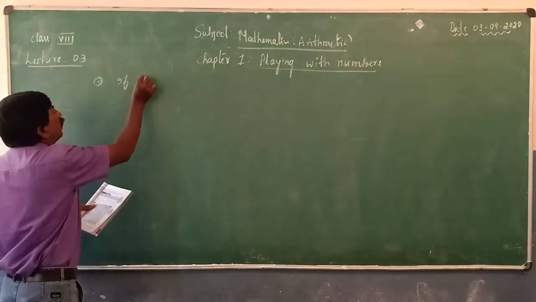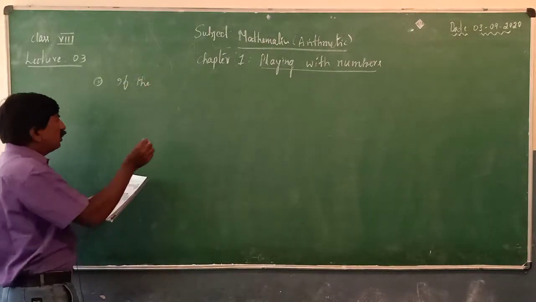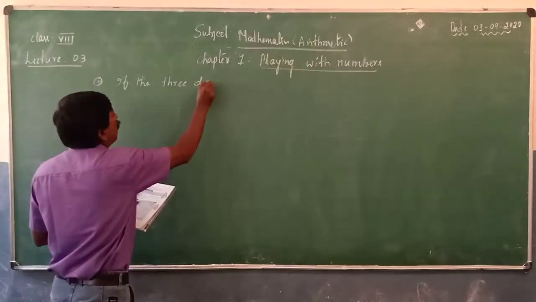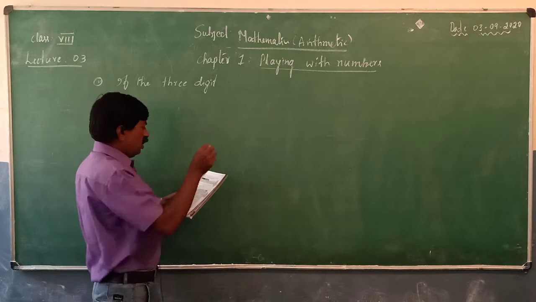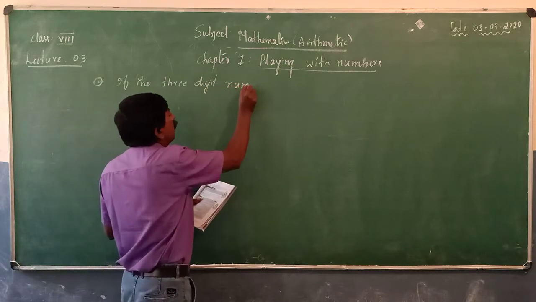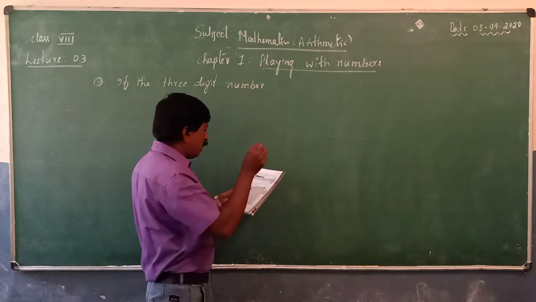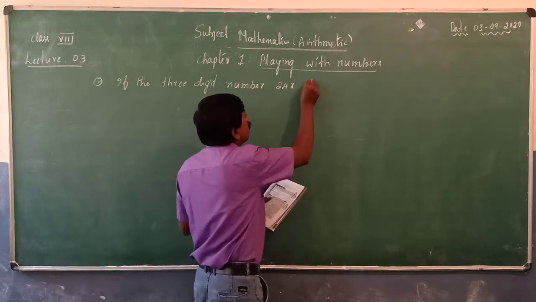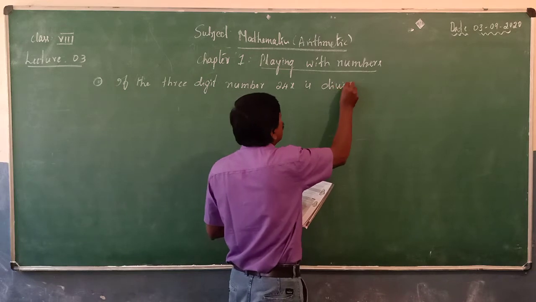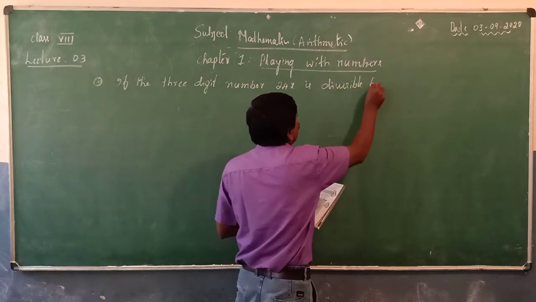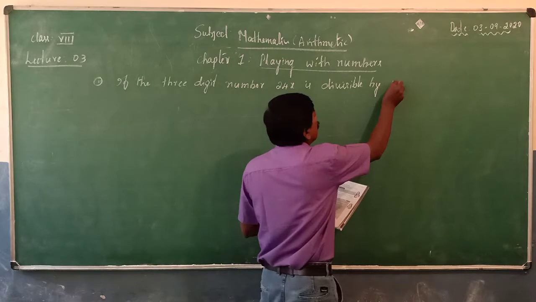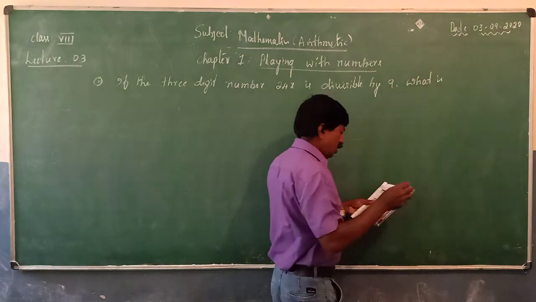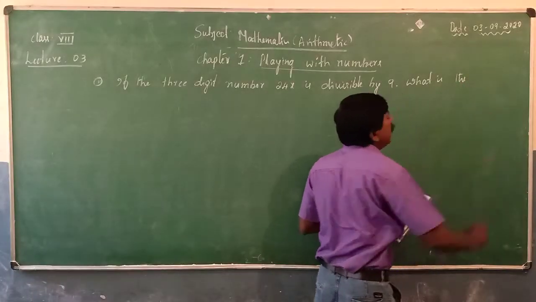If the 3-digit number 24x is divisible by 9, what is the value of x?